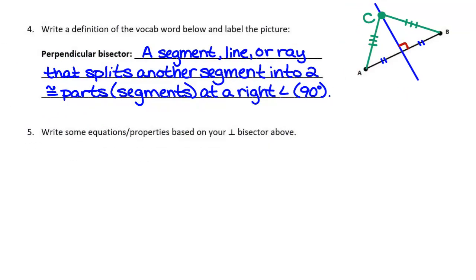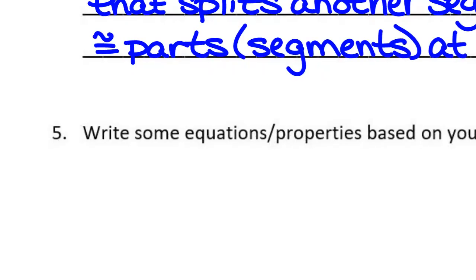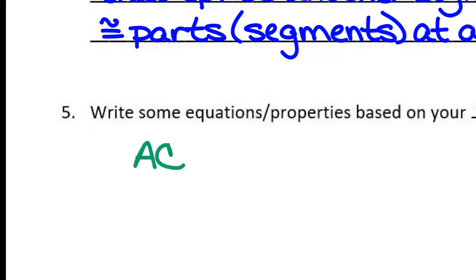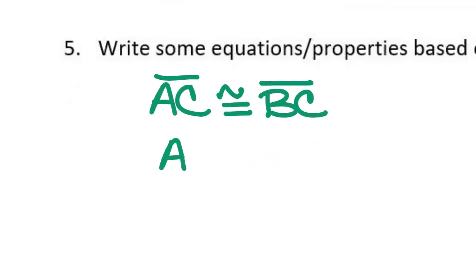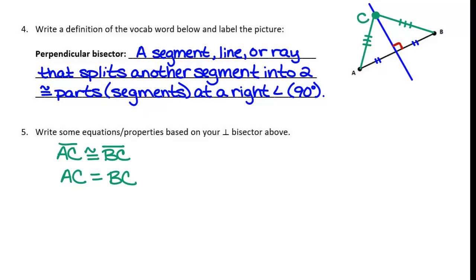So let's write a couple true statements or equations or properties about the perpendicular bisector. We already said that segment AC is congruent to segment BC. If the segments are congruent, then what would have to be true about their measurements? Same size. So the length of segment AC would be equal to the length of segment BC. Are there any other segments up there that are the same size?